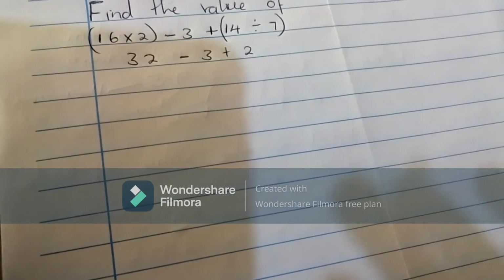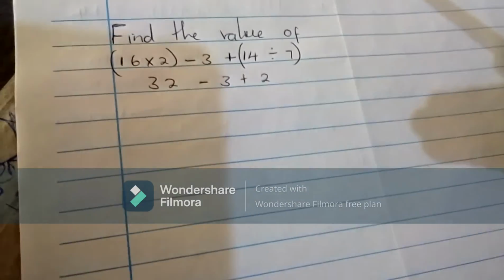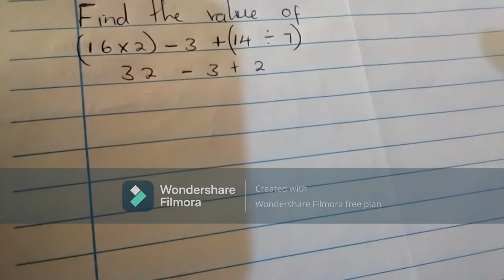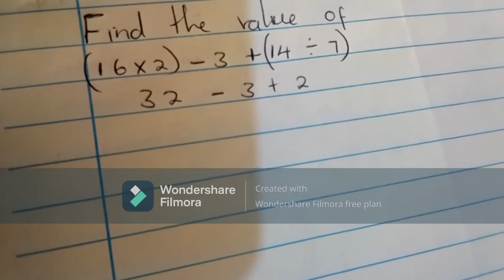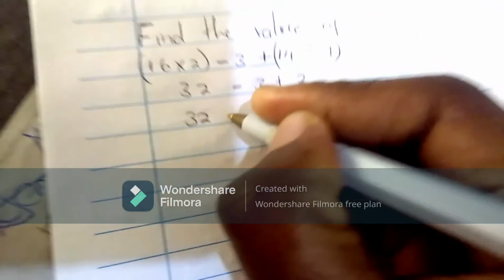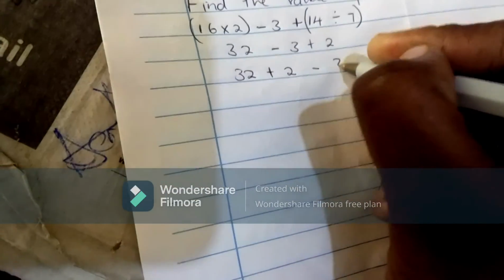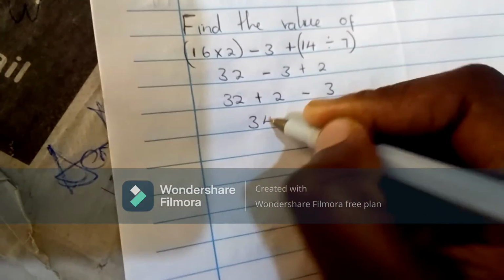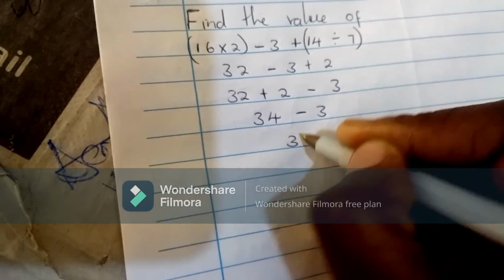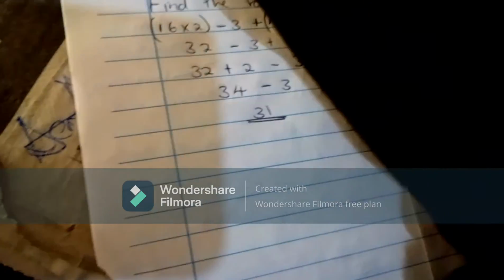If you find it like this, for any number, not just 32, it just has the positive sign. So you're going to say 32 plus 2 minus 3. I'm just rearranging. So I'm going to get 34 here minus 3, 31. So my final answer is 31.